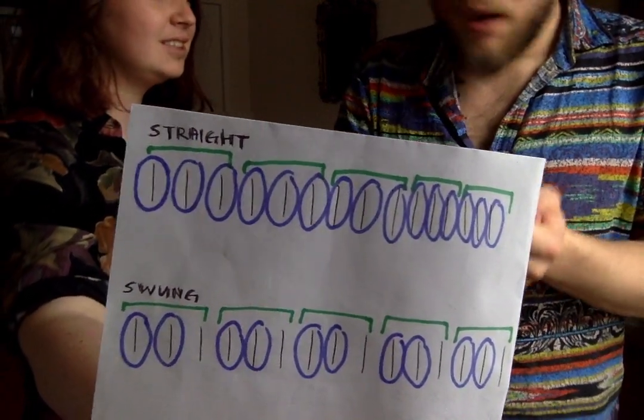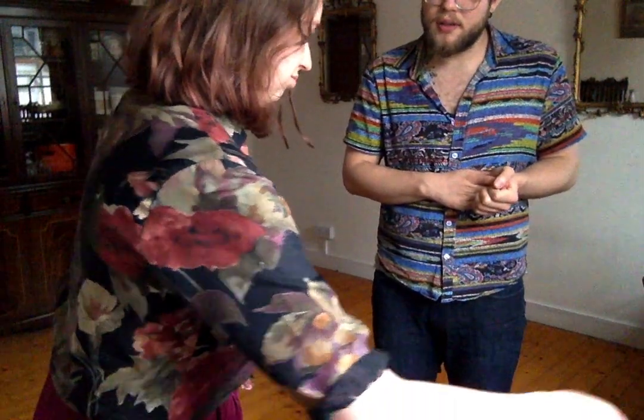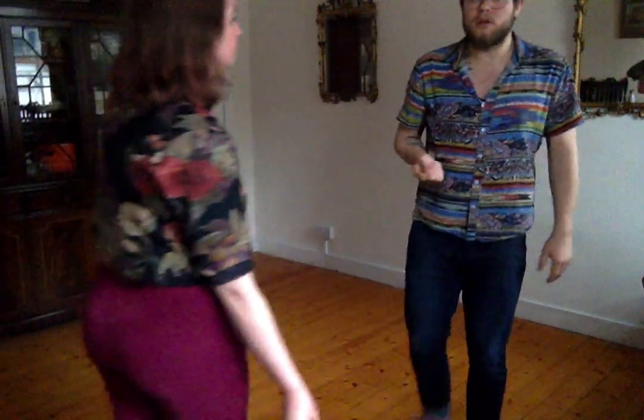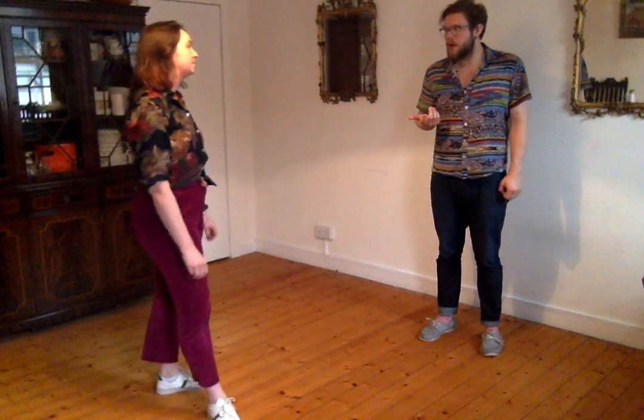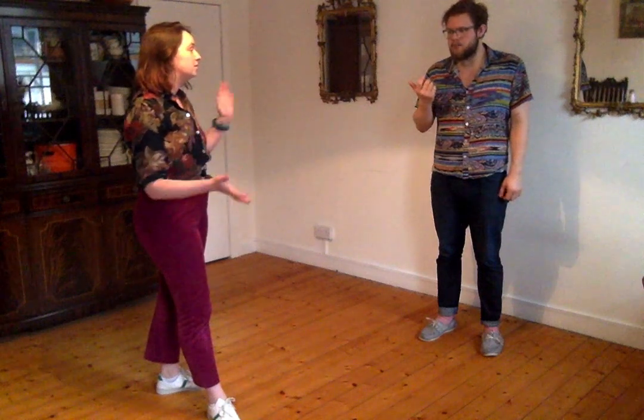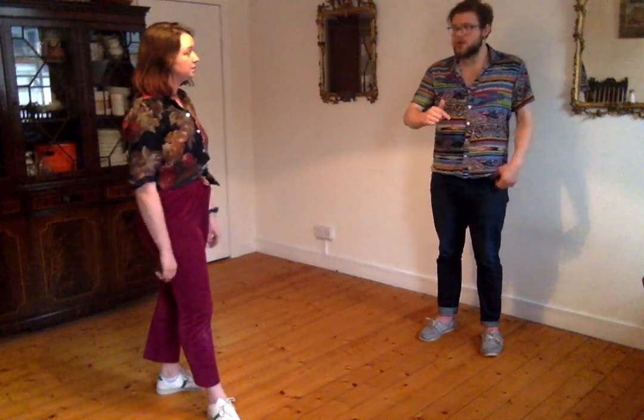Okay, do we want to do a demonstration, or should we just jump straight into it? Basically, we want to show you why I said we know this already when we're dancing without having ever talked about it. The most common place you're going to find this is in a triple step. A triple step is a long, short, and then a step.